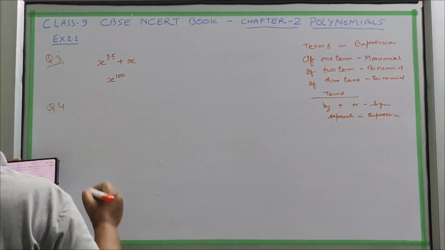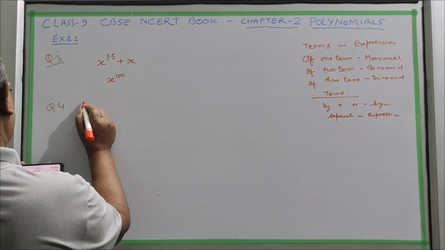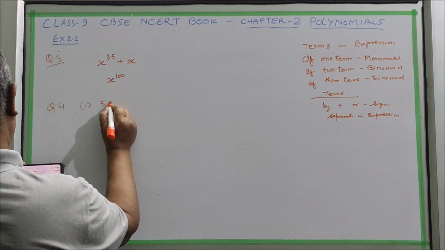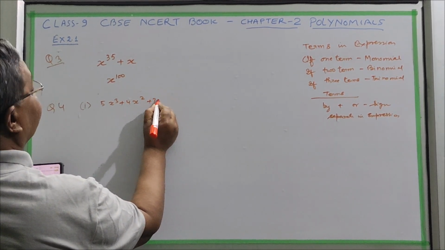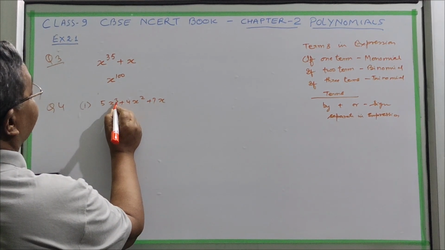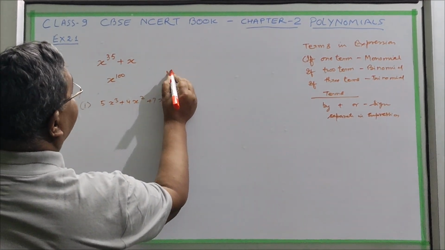Now question number 4. Write the degree of each of the following. 5x³ plus 4x² plus 7x. So here the maximum power is known as the degree.